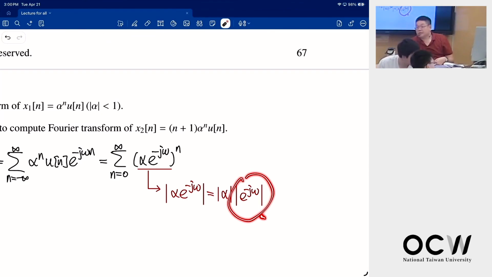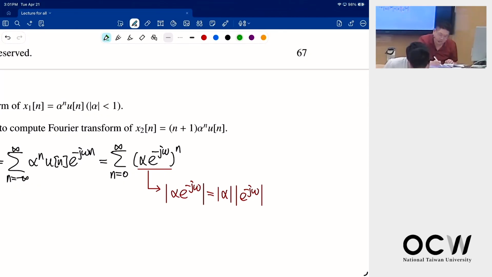You have options. This will be 0, minus 1, 1, or none of the above. What is the norm or the magnitude of e^(-j omega)? 1. So here, because it is 1, you only get the magnitude alpha.